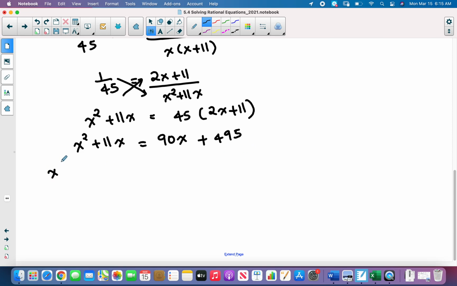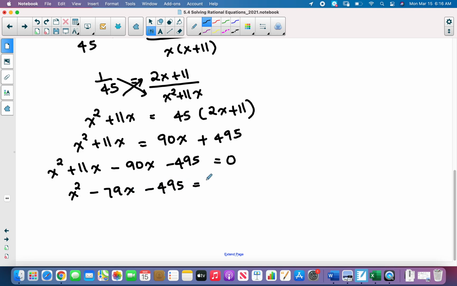I'm going to bring them all to the left side. x squared plus 11x minus 90x minus 495 equals 0. This simplifies to x squared minus 79x minus 495 equals 0. Again, I'm ending up with a quadratic equation that I cannot solve by factoring, so I'm going to use the quadratic formula.